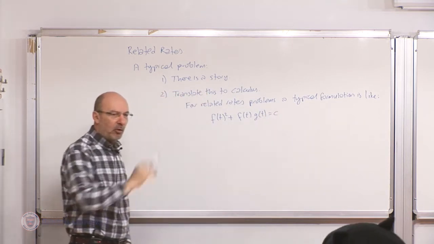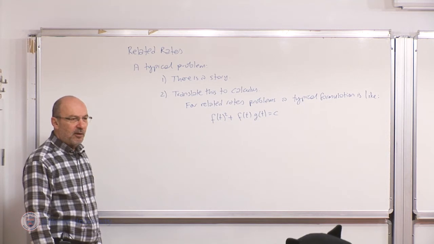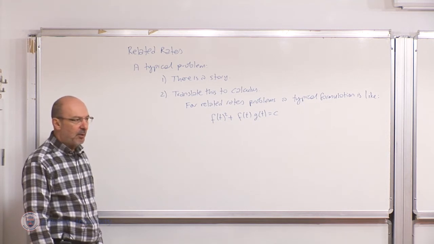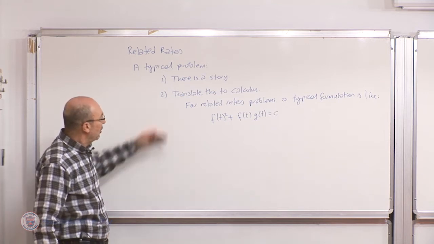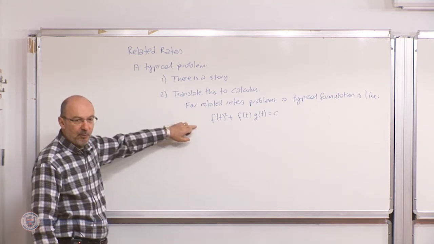It will be more complicated than this, but there will be several things changing in the problem. You will denote them by some functions. And when you read the story, there is a relation between them.